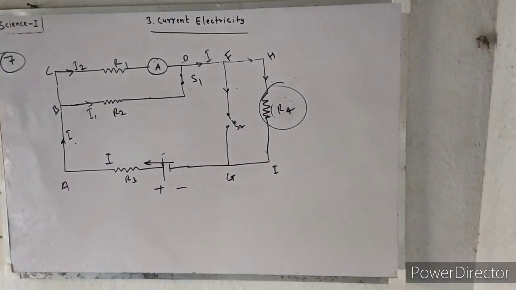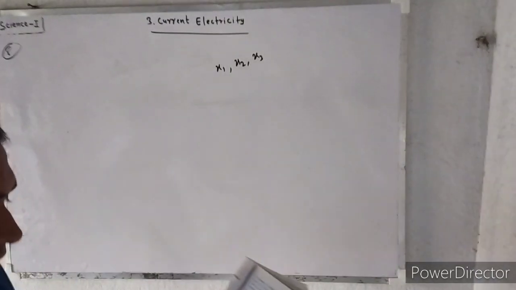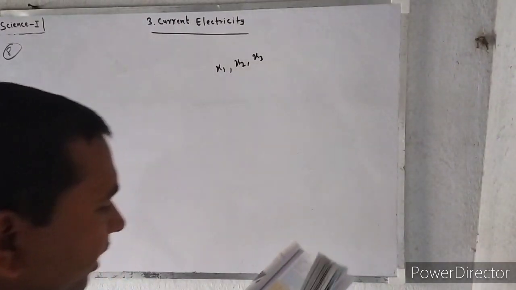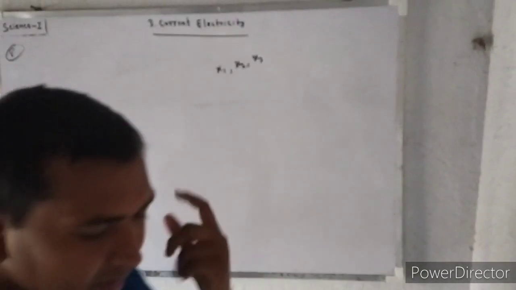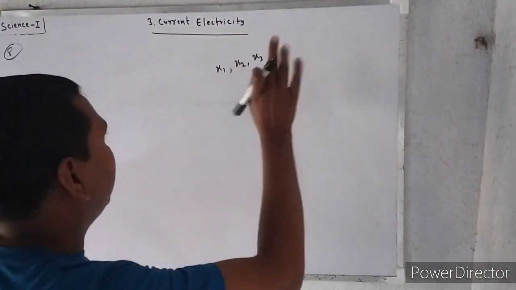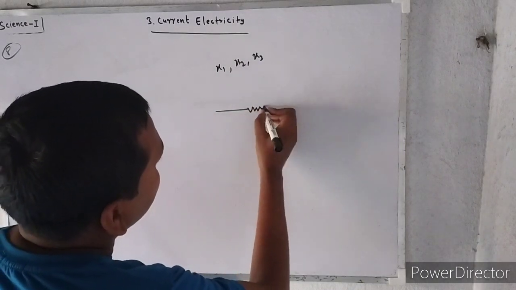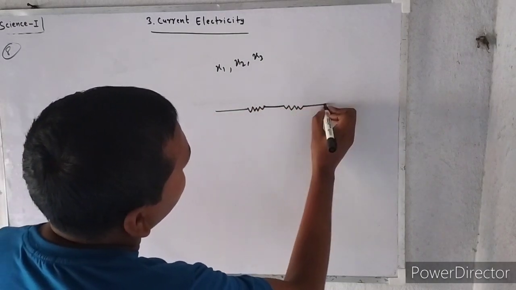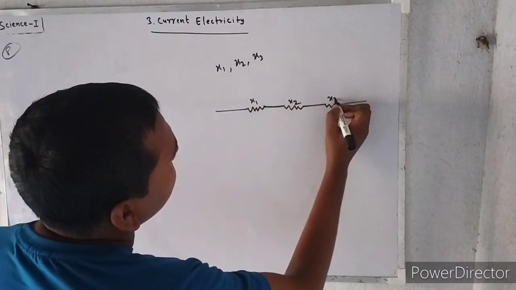Question number 8. Three resistances X1, X2 and X3 are connected in the circuit in different ways. X is the effective resistance. Tell me, is this a series combination or parallel combination? This is X1, this is X2, this is X3.